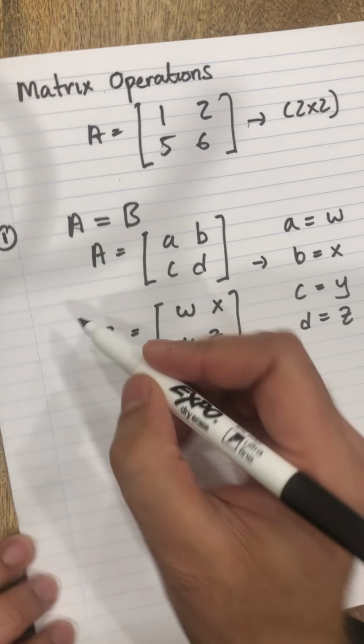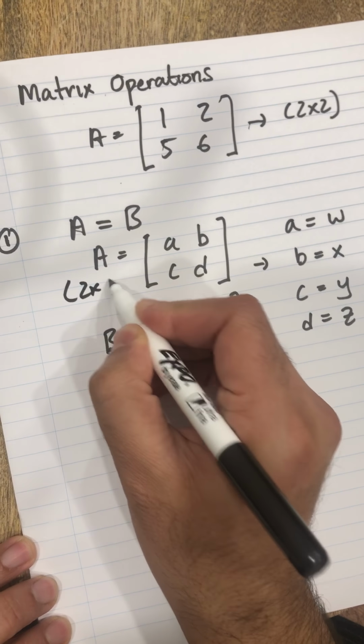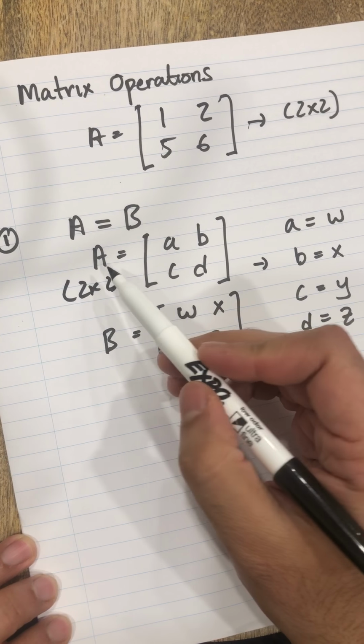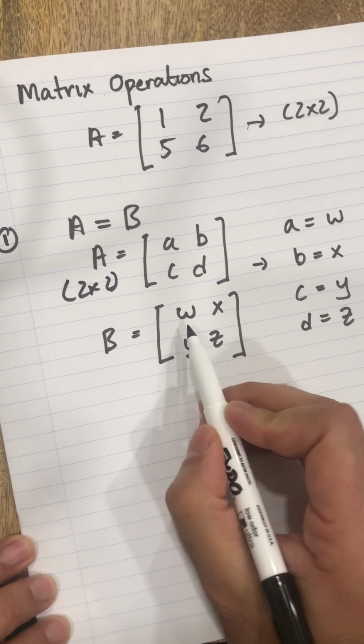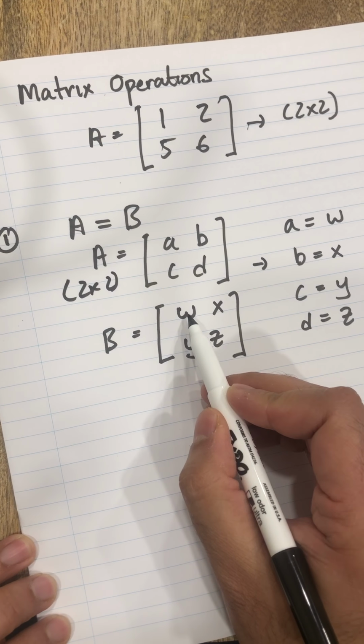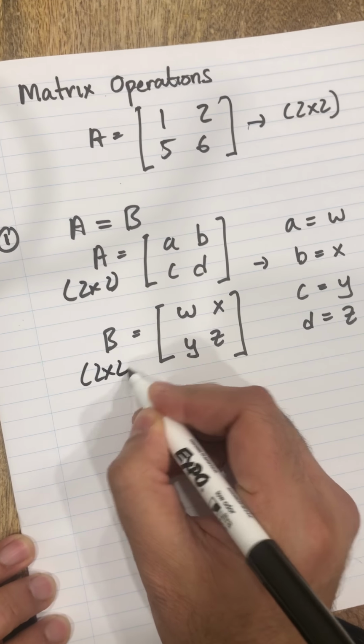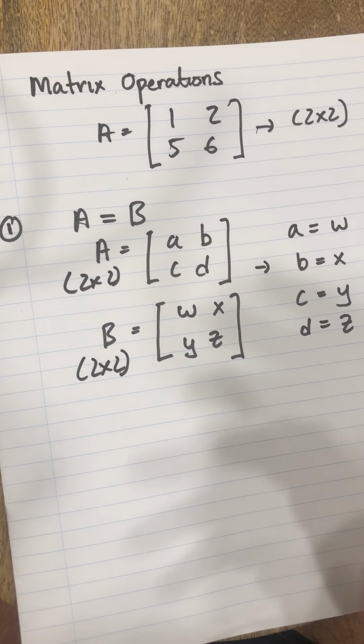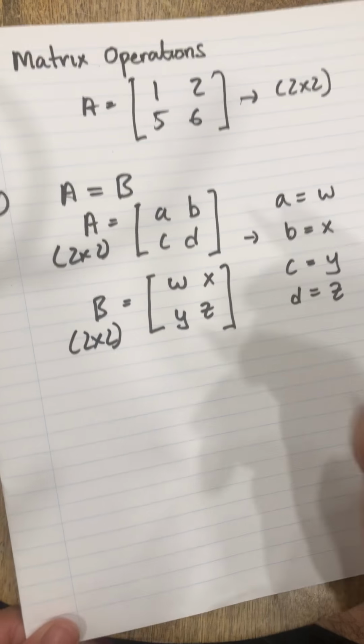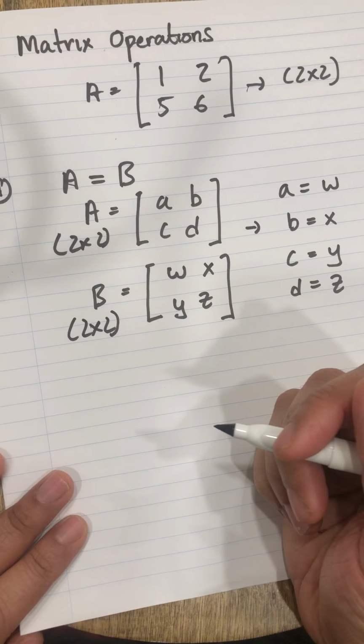This is a 2 into 2 matrix, so if this is equal to B, obviously B also has to have 2 rows and 2 columns. So two matrices can only be equal if they have the same order. That is one useful rule to know.